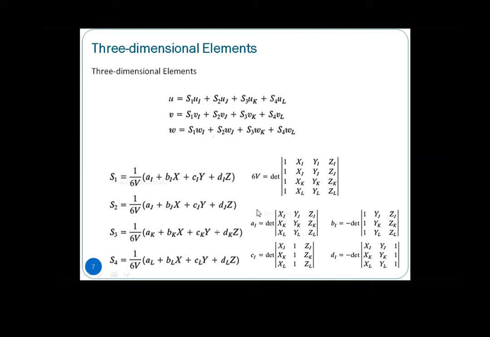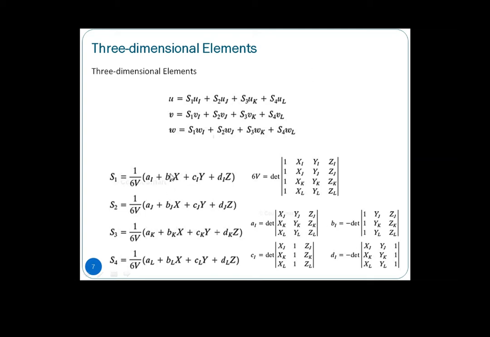So if you want to find AI, the arrangement is XJ, YJ, ZJ, XK, YK, ZK, XL, YL, ZL, removing the XI, YI, ZI. In the case of AJ, you have XK, YK, ZK, XL, YL, ZL, then XI, YI, ZI, removing the J parts. Similarly with BI, CI, and DI.